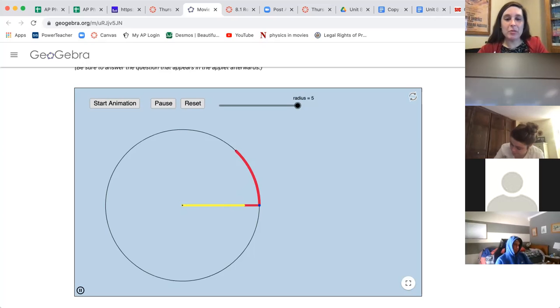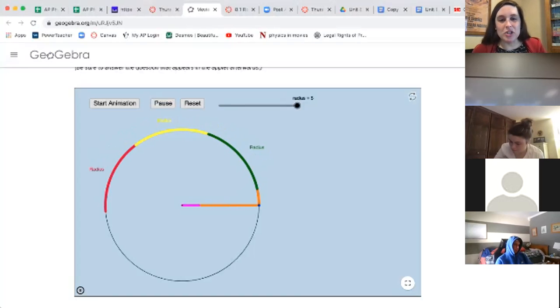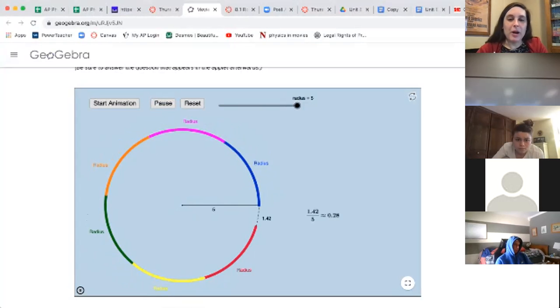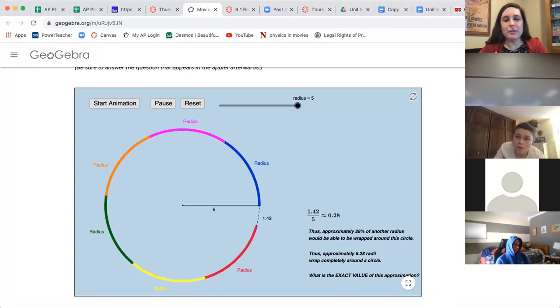And we can watch that radius go out to the circumference. Every time it travels out, they just change the color of the radius. But you can see that we can fit 1, 2, 3, 4, 5, 6 full radii around a circle.